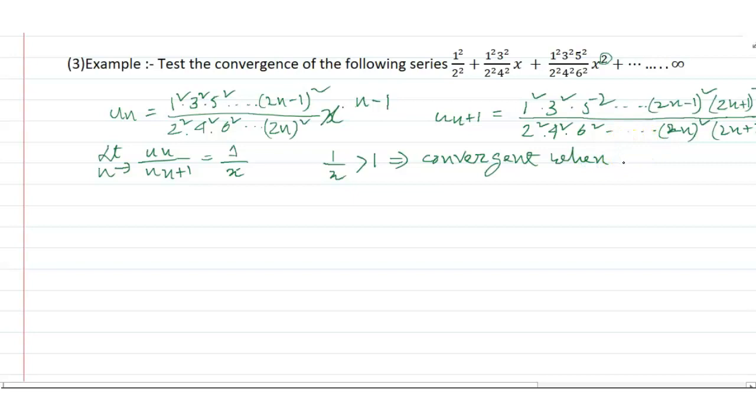When 1 is less than x, or 1 by x is less than 1, that implies divergent, when 1 is greater than x. This is the total process, and the test fails.